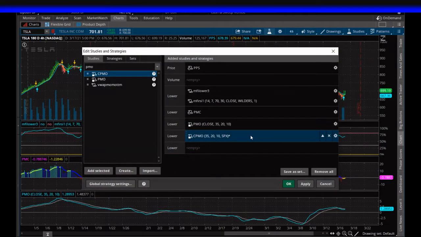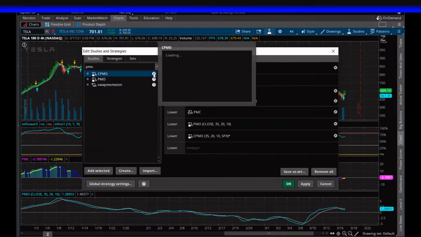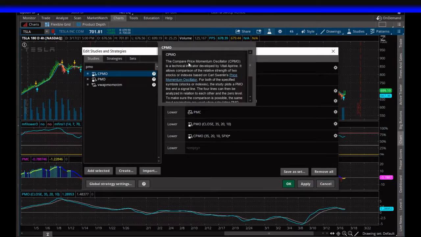And let's see what the CPMO is. The Compare Price Momentum Oscillator, developed by Vitaly Apirin. It allows comparison of relative strength of 2 stocks or indexes based on Carl Swenlin's Price Momentum Oscillator for both of the specified symbols.